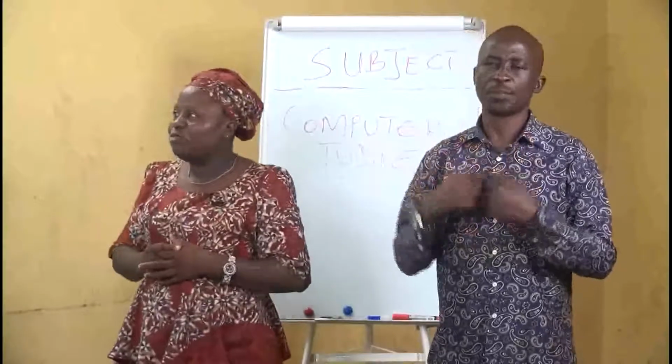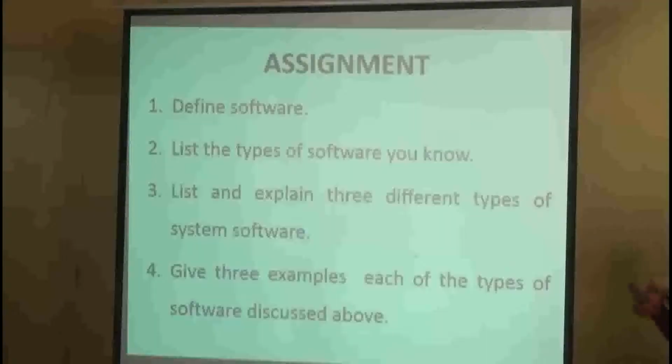The assignments are: 1, define software. 2, list the types of software you have. 3, list and explain 3 different types of system software that we have. Final assignment is: give 3 examples each of the type of system software discussed.